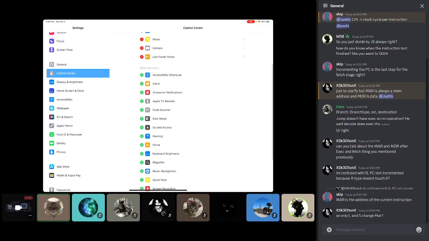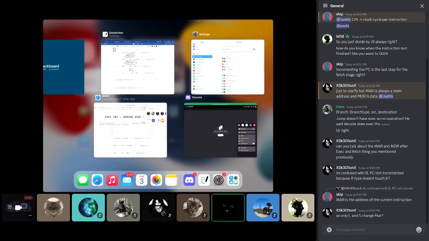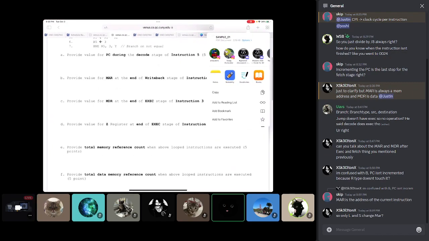Oh, there we go. Oh, it's not true that only L and S change MAR. L and S change MAR after the fetch stage. The MAR is updated in every fetch stage. Yeah. But the MAR is changed again after the exec stage if you need to go to mem.